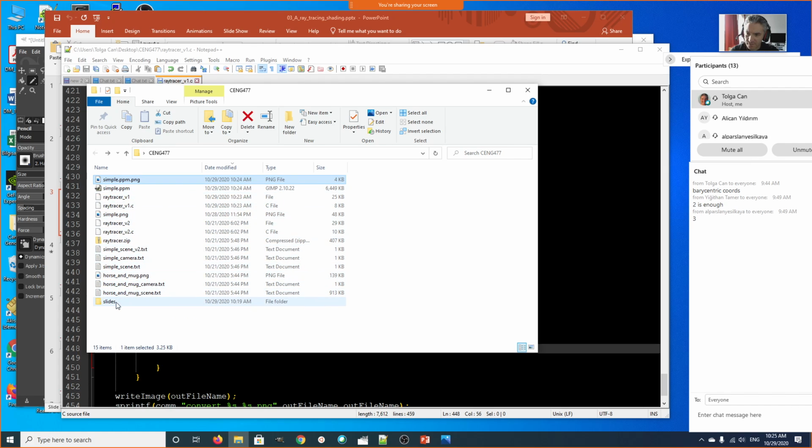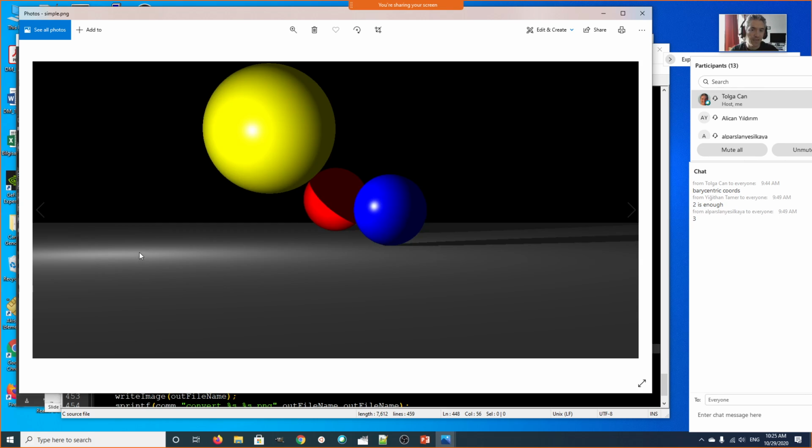Yeah, it should look something like this. The positions of the spheres have also changed, and there are no reflections here as far as I can see. It's all a simple shading model plus shadows.